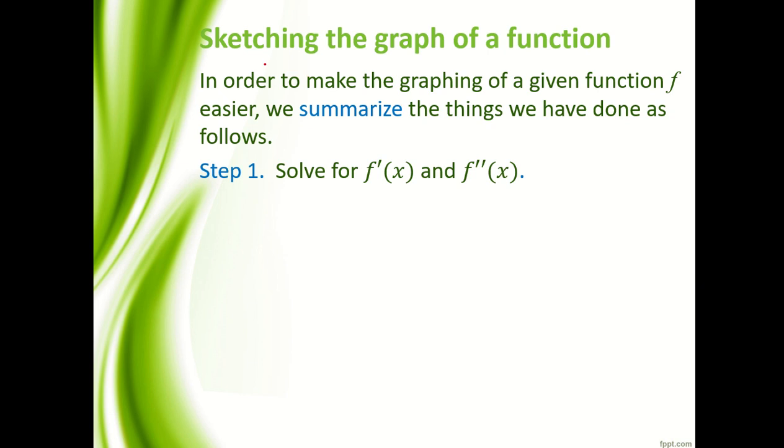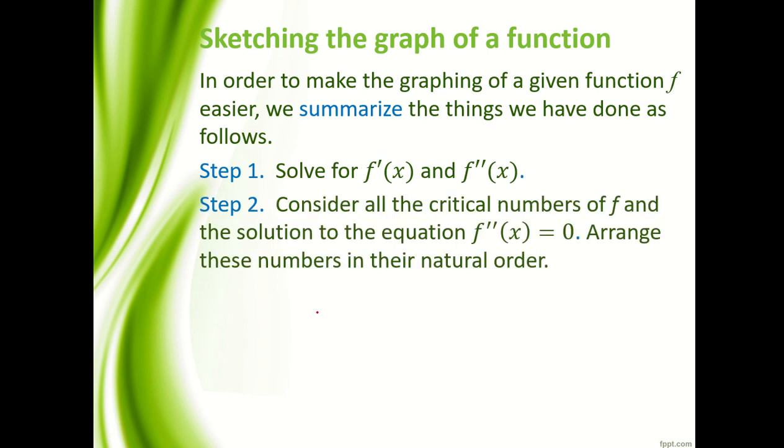We are now in the sketching of the graph of the given function. The second one is to consider all the critical points or the critical numbers of f, the solution to the equation f prime of x equal to 0. Then arrange these numbers in natural order.